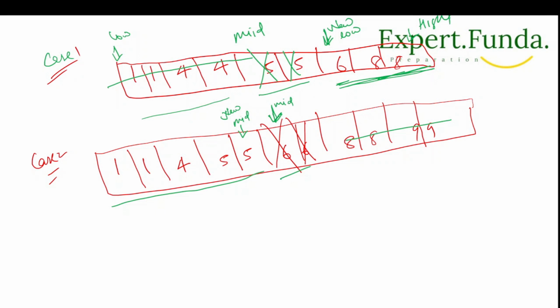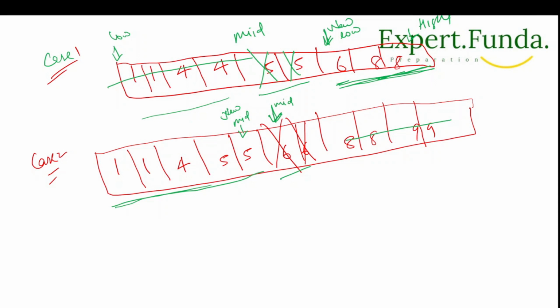The first case was that the mid's partner is to the right and the halves are originally even. And the second case is: the mid's partner is at right, but the half was odd. So this half is now odd, and here we are getting the even half part.